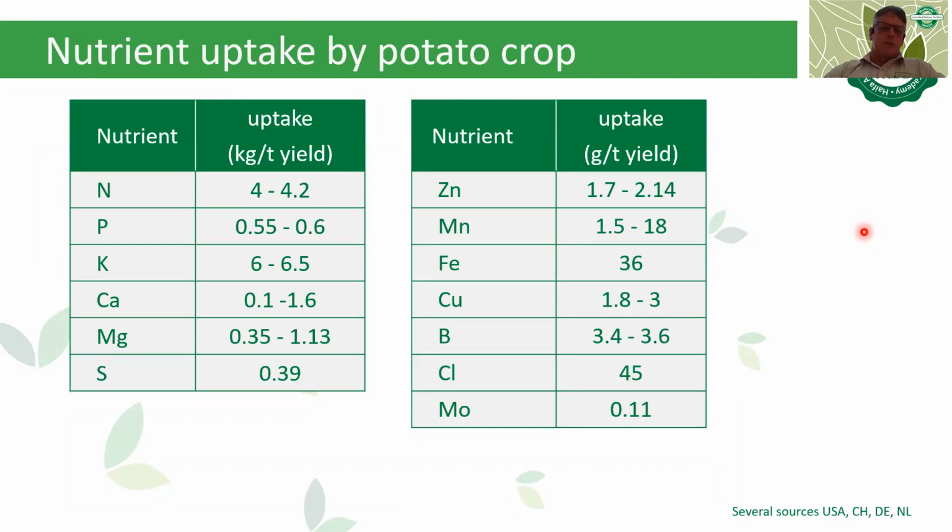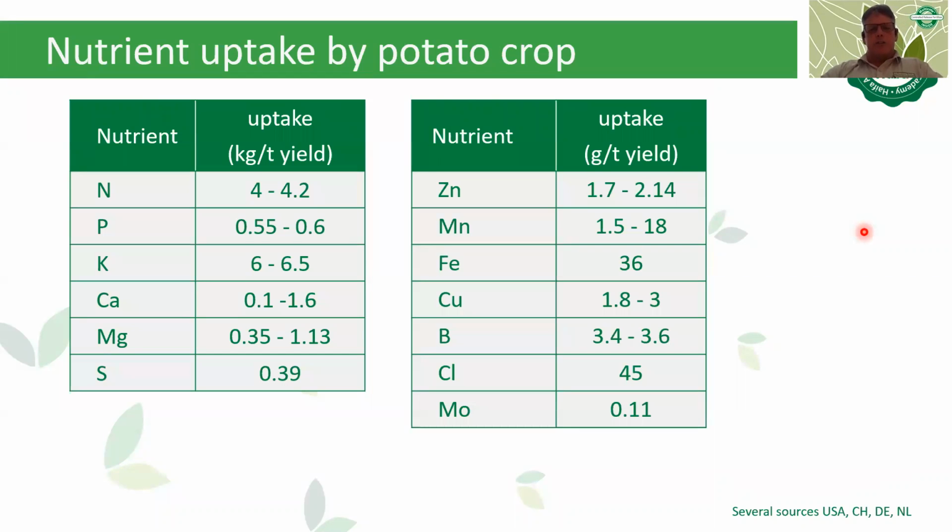Your calcium has a very wide range, and I can't really explain why that is, but 0.1 to 1.6 kilograms per ton of yield. Magnesium also has quite a wide range from 350 grams to 1.1 kilograms per ton. Sulfur, you need 390 grams per ton of yield.